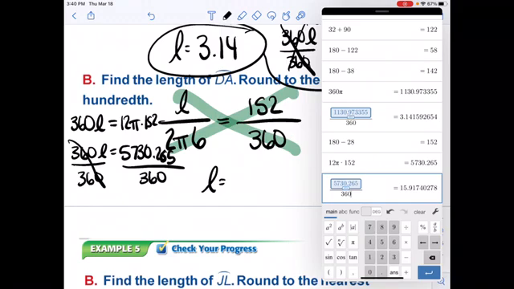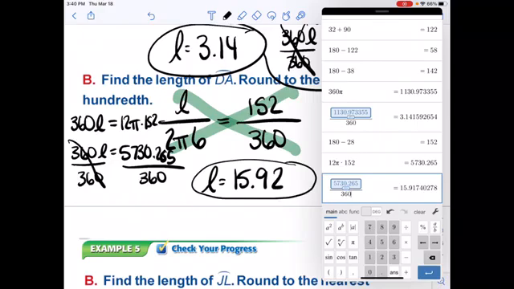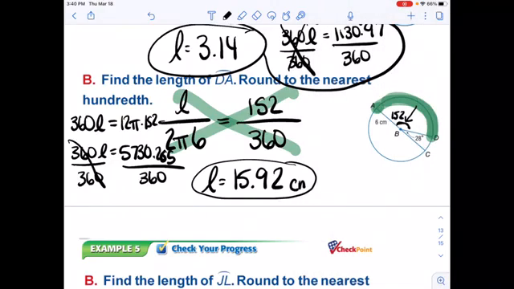If you are asked to find circumference or radius or the degree, you'll just use the same proportion and solve it for whatever variable it asks. Also, I should put my label on these because they are actual distances. So this is 15.92 for this arc length here.